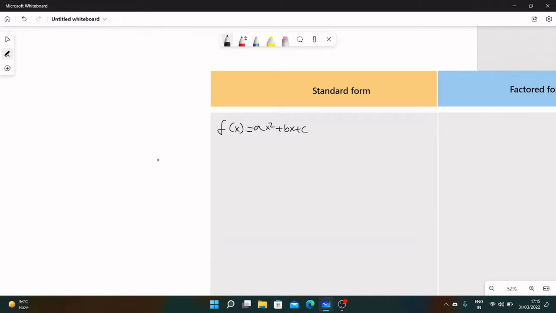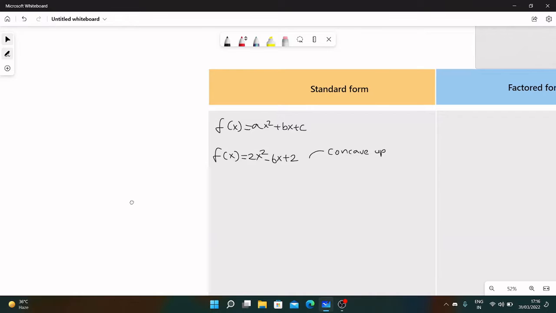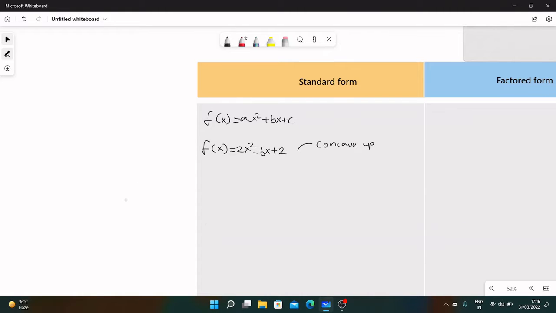Now let's look at an example. f of x equals 2x squared minus 6x plus 2. In this case, the value of a is positive 2, so the parabola is going to be concave up. Now, one more thing that we can easily find in standard form is the y-intercept.